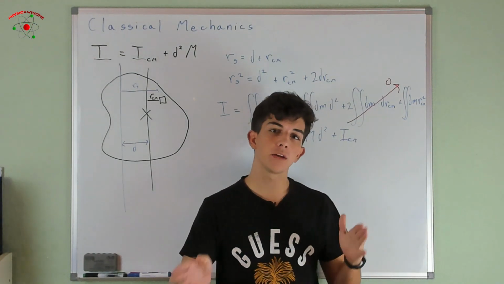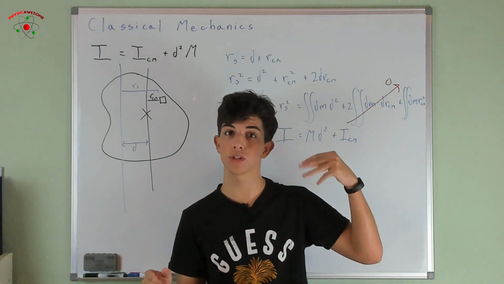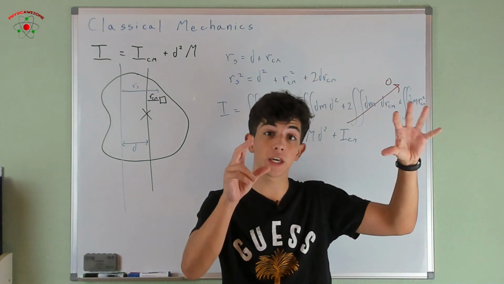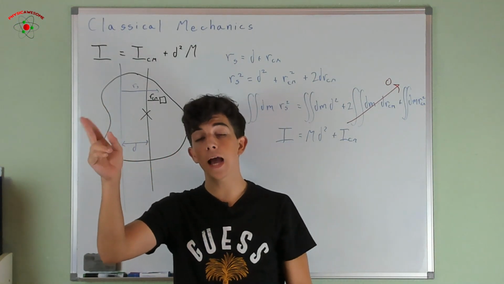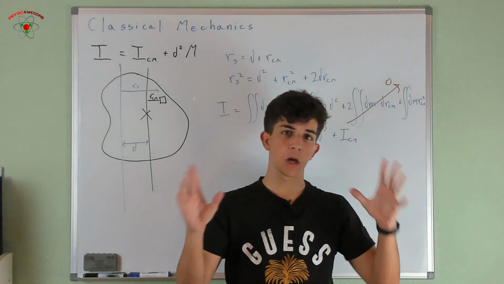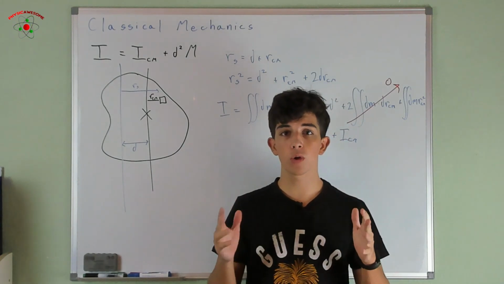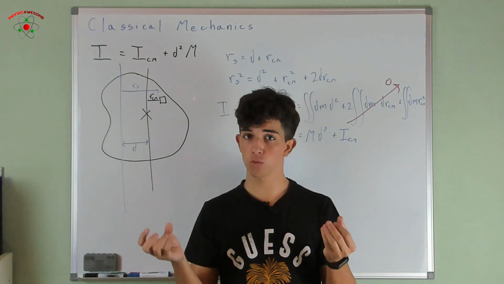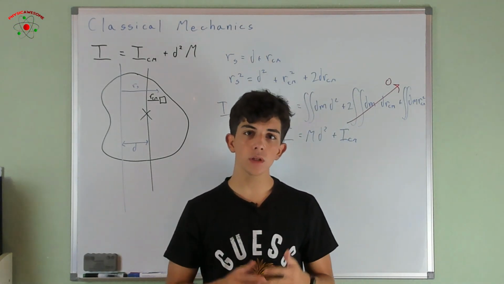So if we had force equals ma, now we're going to have, as we'll see in the next video, torque equals the moment of inertia, I, as the mass, times the angular acceleration. So it will have this analogous role as mass, but in circular motion.